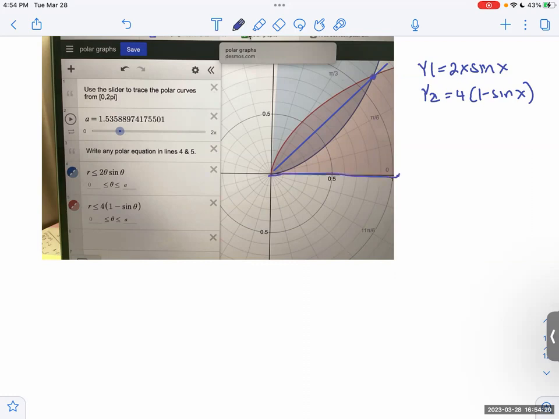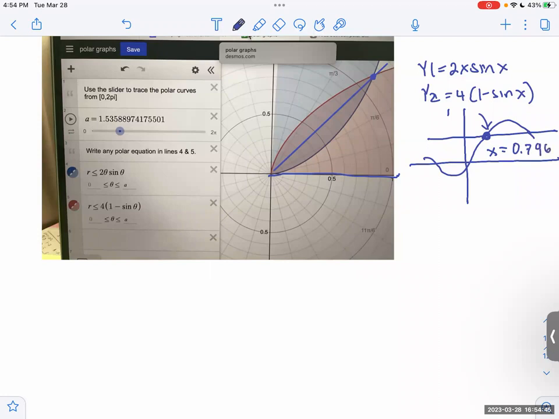So when you're taking a look at the curve and you see one curve look like this and another curve look like this, that is the intersection point you want, because after 0, the first intersection point that you guys see should be this one, and that value is x equals 0.796, about that.